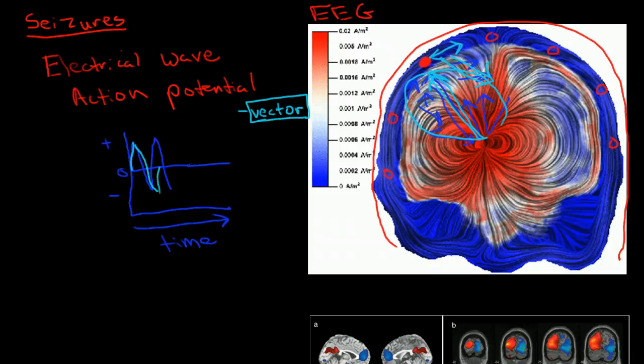So whenever you're looking at an EEG, you're looking at the average of the average movement of action potentials either towards or away from that electrode at any given moment in time. And then the EEG printout is going to be printing the movement of those vectors or of those action potentials over time.